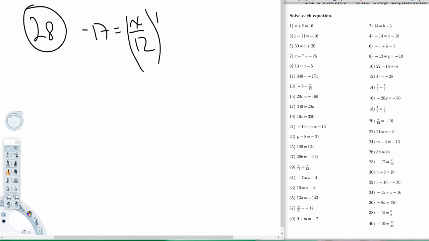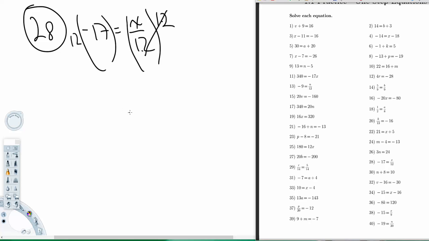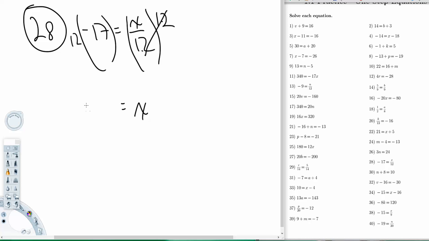So here times 12, here times 12, and so here we have x times 12 divided by 12. Cancel this, and 12 times negative 27 equals, I don't know what, hold on. Okay, x equals negative 204, that's the answer.